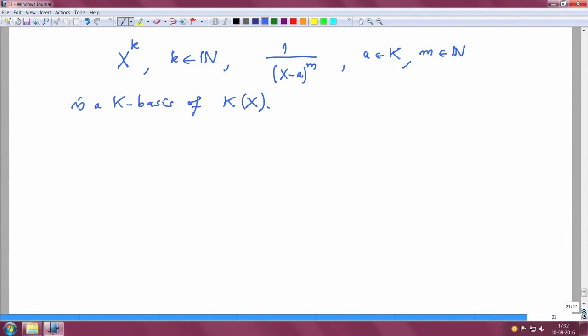That means we want to show that any rational function, any f over g where f and g are arbitrary polynomials with g non-zero, is a finite k-linear combination of these special rational functions.